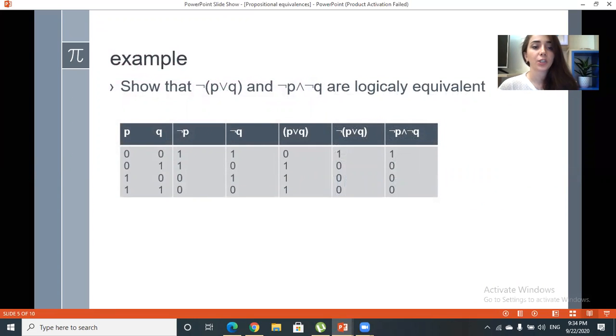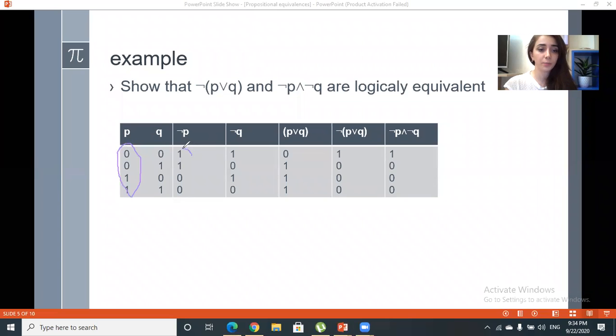Example: show that negation of P disjunction Q and negation P conjunction negation Q are logically equivalent. We have substatements P and Q. Firstly, we construct the negation P, then negation Q. Here is P: 0011, you see in this column.